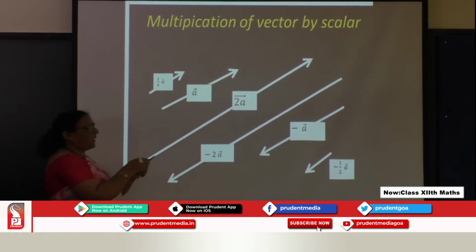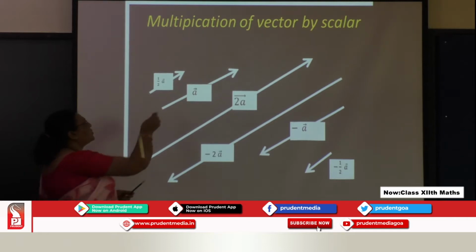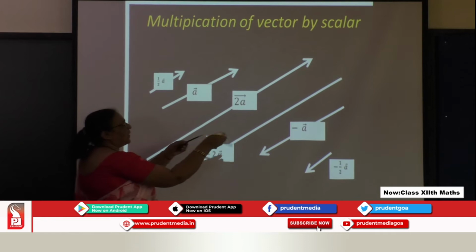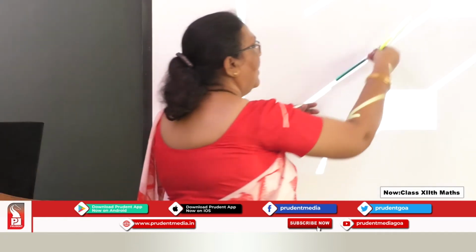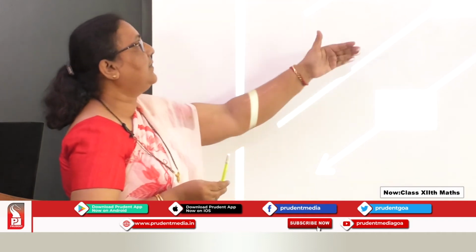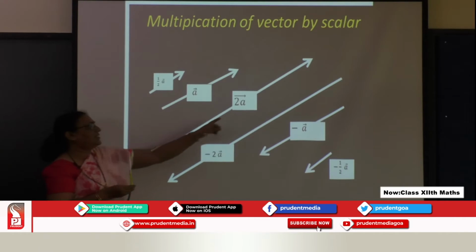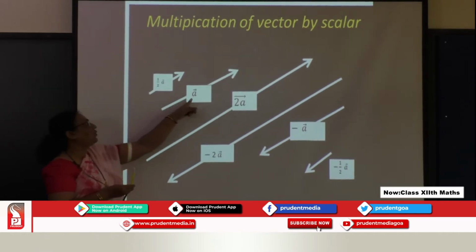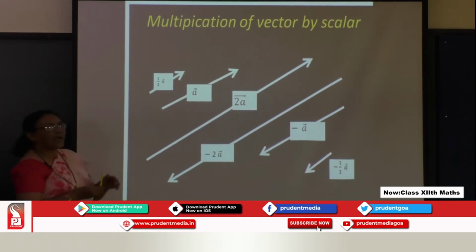Half of A will be half of this. All three vectors, see here, are in the same direction. We are multiplying this vector A by a scalar, here it is 2, here it is 1 only, here it is half, in the same direction. So, these vectors are parallel.